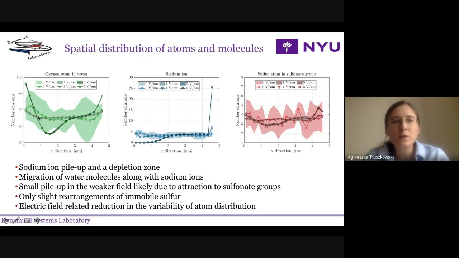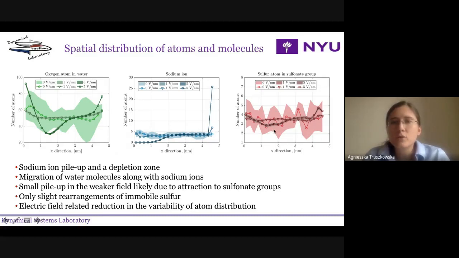So the depletion zone and the lower sodium zone are associated with a drop in water presence, and then as the concentration increases, there is also more water, and finally it reaches a local peak in the pileup region.